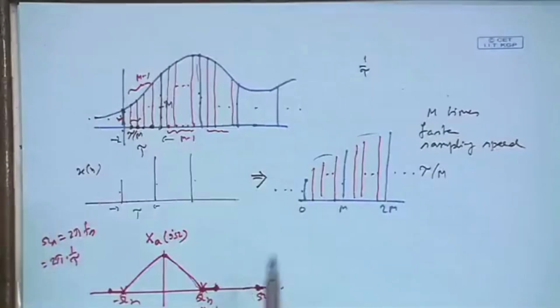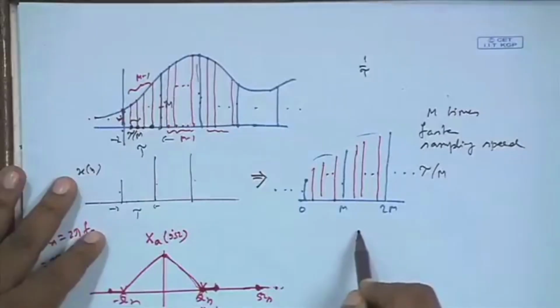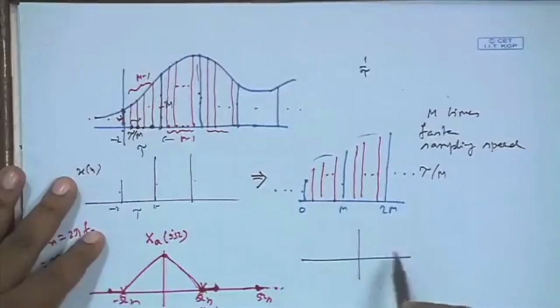So in that case, if I sample, what will be the DTFT? We have seen there will be no aliasing, and it will be replicas like this.